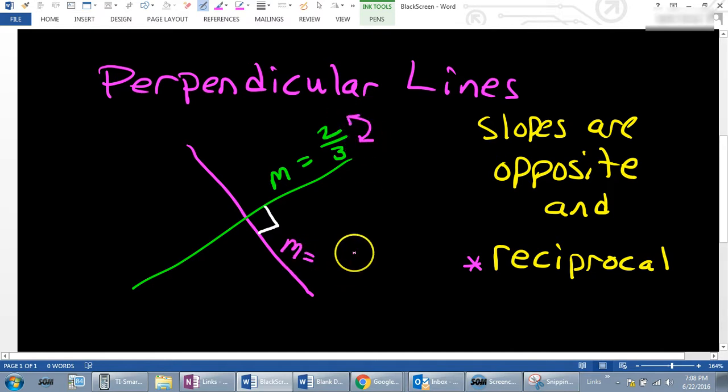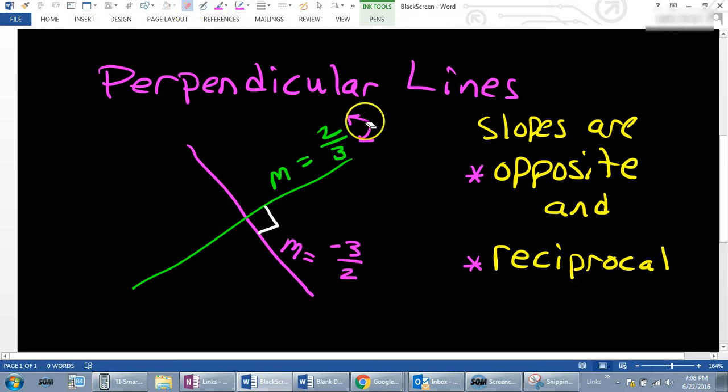So the reciprocal would be 3/2. Okay, so that's the reciprocal part. Now let's talk about the opposite part, because it's supposed to be both opposite and reciprocal. The opposite part means that one is positive and one is negative. So if the green line is positive 2/3, a perpendicular line will be negative 3/2. Reciprocal, but also opposite sign.